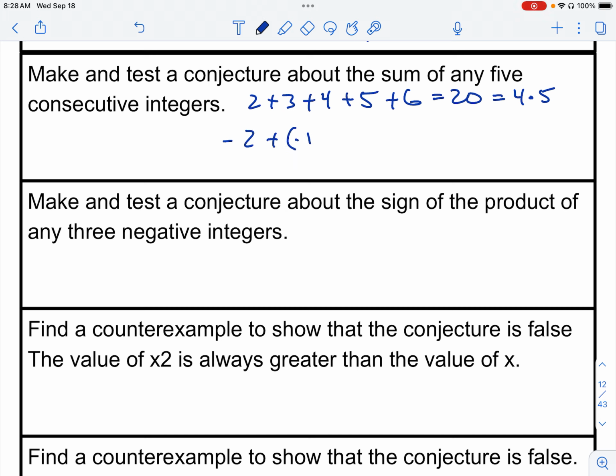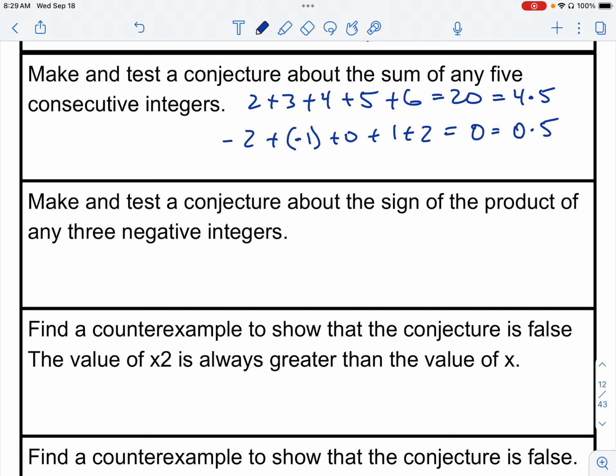And we'll start at a negative. -2 plus -1 plus 0 plus 1 plus 2. And -2 plus 2 is 0. -1 plus 1 is 0. Plus 0 is 0. And 0 equals 0 times 5.